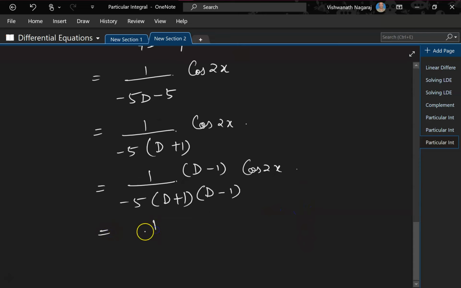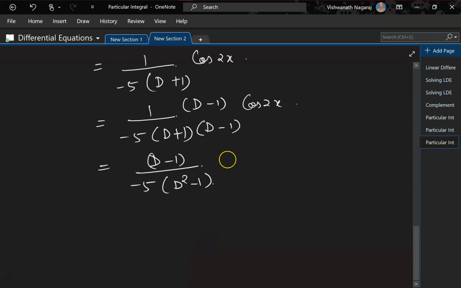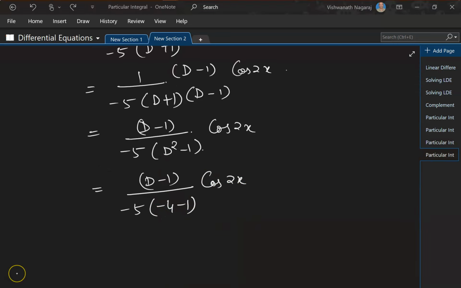So the denominator will become (D − 1)/(−5(D² − 1)), and we know D² again can be substituted by −2², that is −4 − 1, cos 2x.